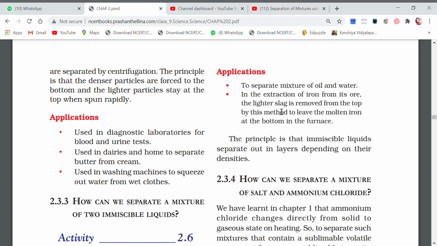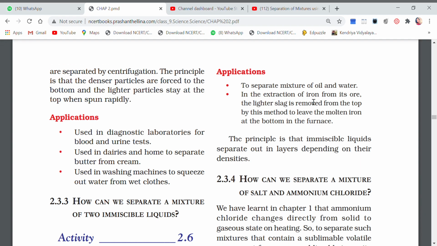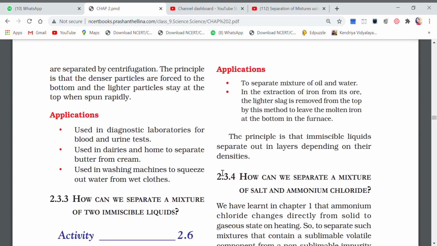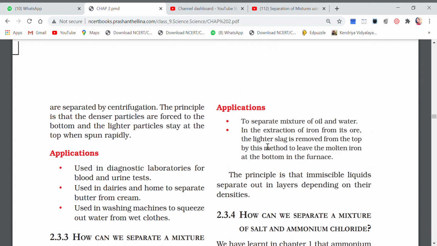Iron is heavy, so iron will also melt, slag will also melt, but because iron is heavier, it will go to the bottom, and the slag which is lighter will be at the top. So now I can remove the iron from the slag, and this is how the separating funnel technique is used for the separation of iron from its ore. So these are the two applications.